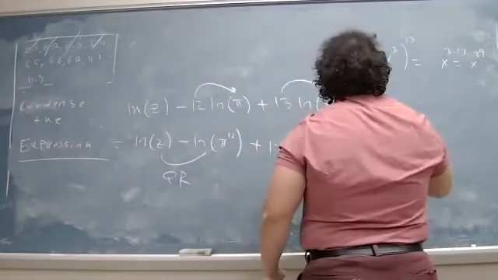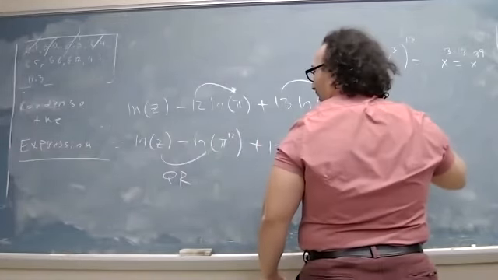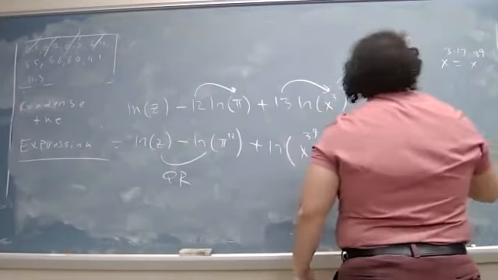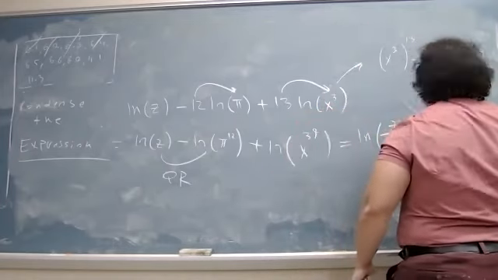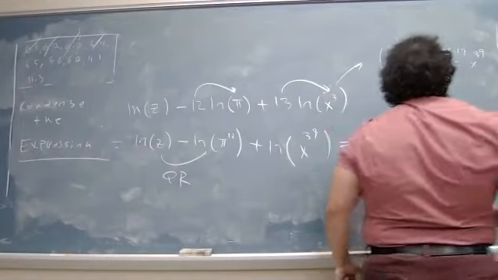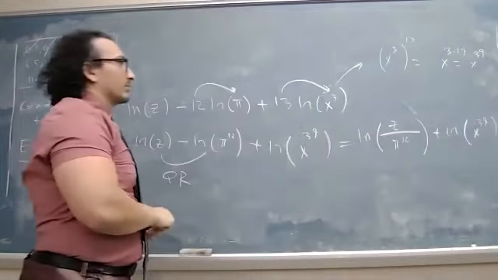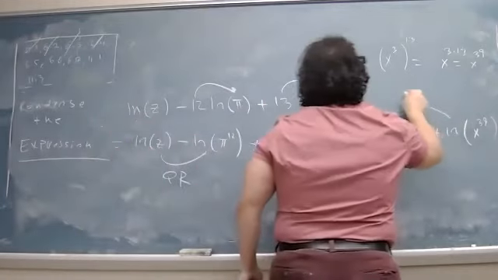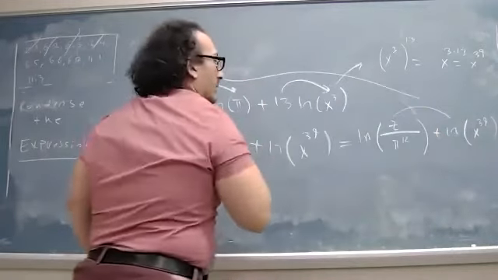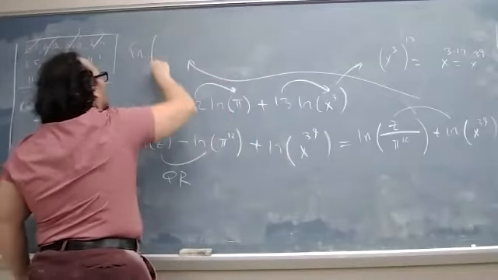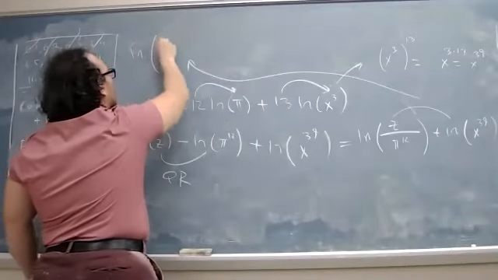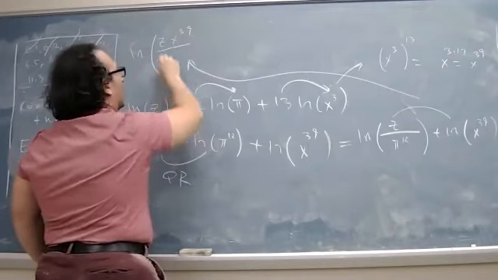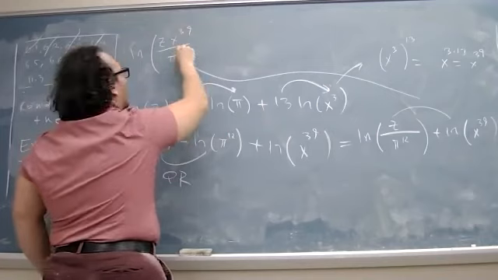So this becomes ln of z divided by that pi to the 12 plus this ln of x to the 39. Then we can use the product rule between these and bring the calculation over here. So this becomes the ln of z x to the 39 divided by pi to the 12th power.